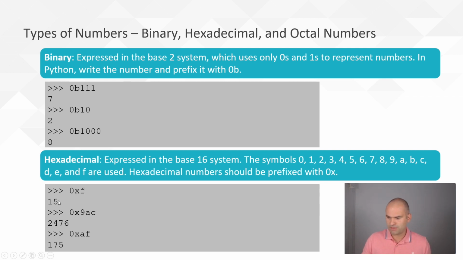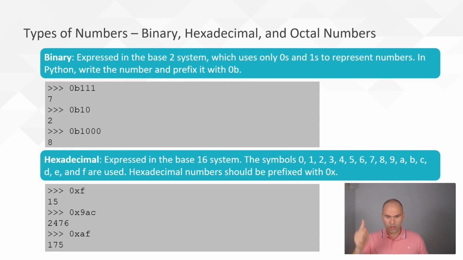Take AF, for example. Basically you get A, convert that to binary, and get F, convert that to binary. A is 10. In binary, it's 1010, and F is pretty much the biggest 4-digit binary number.